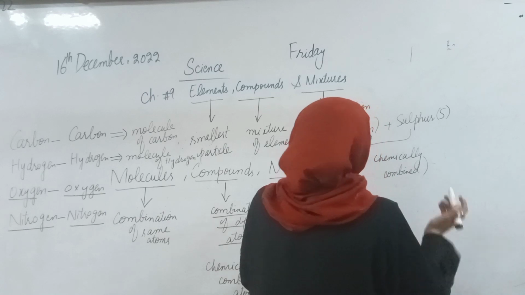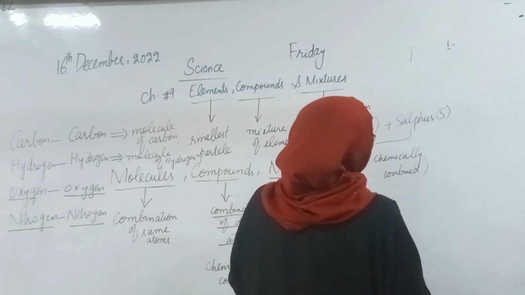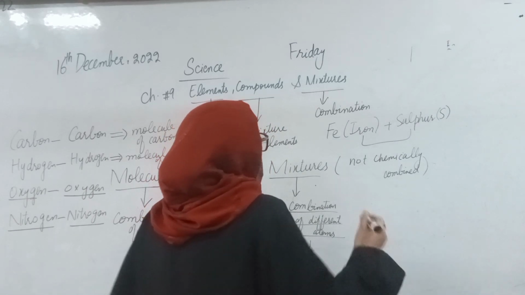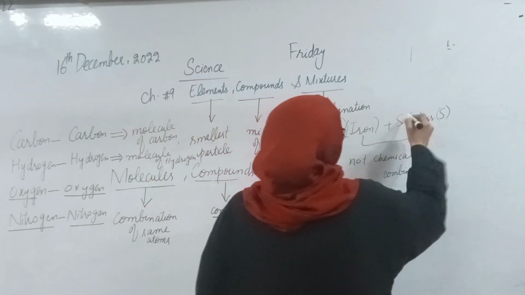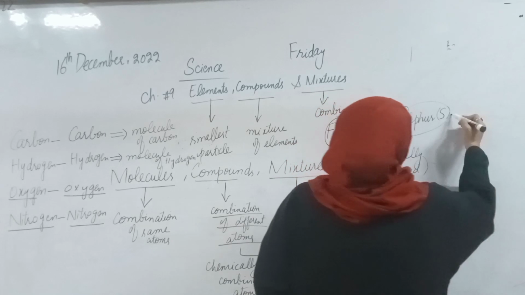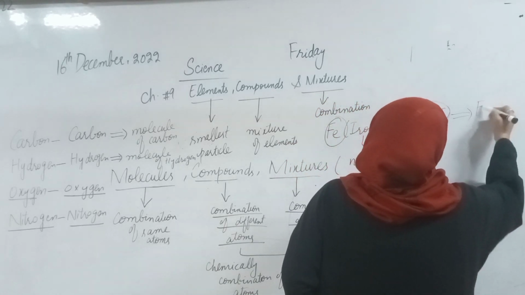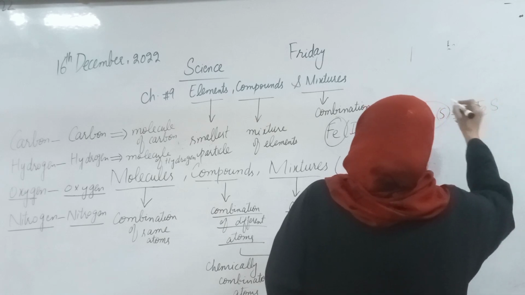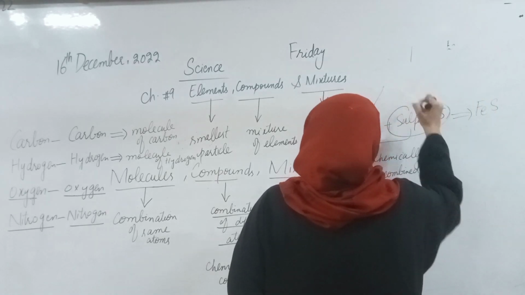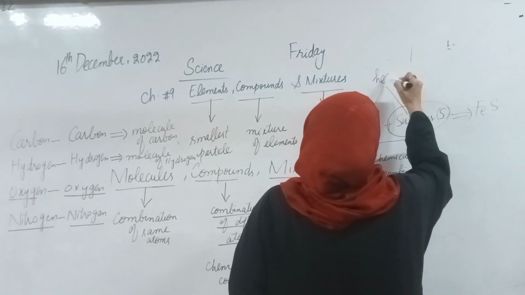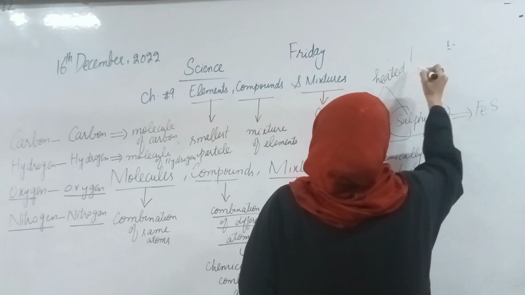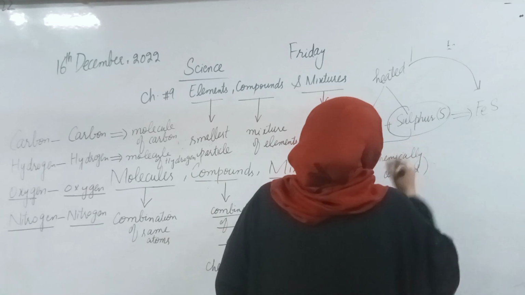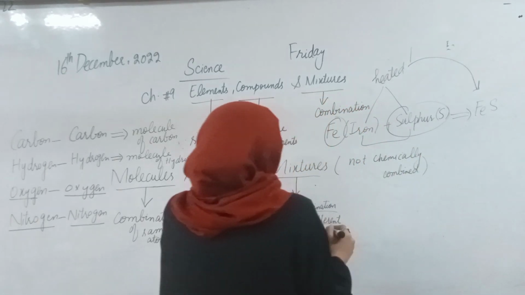And when they are not chemically combined, then we will say it's a mixture of iron and sulfur. Iron and sulfur, when heated, combine to make iron sulfide. When iron and sulfur are heated, they will make a compound. Otherwise, they will make a mixture of iron and sulfur.